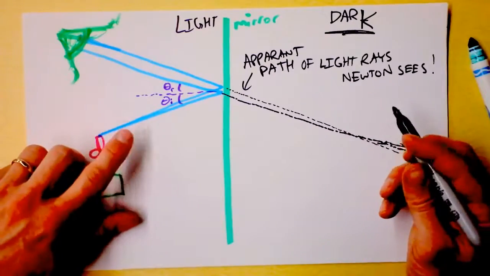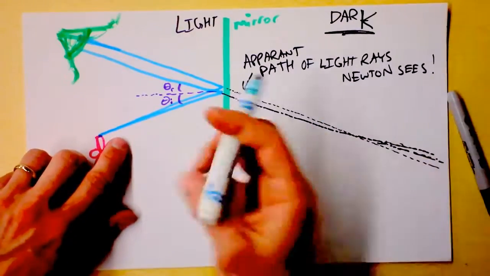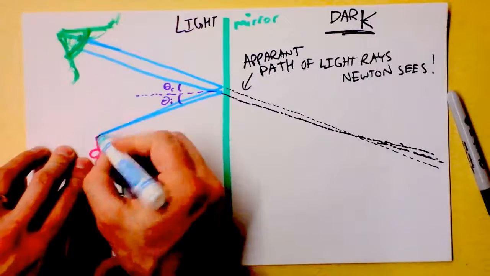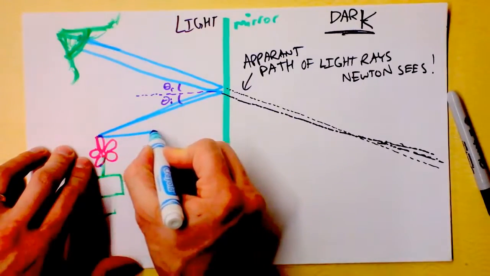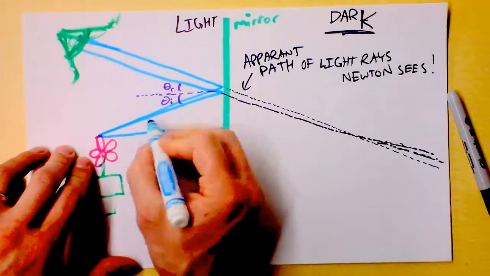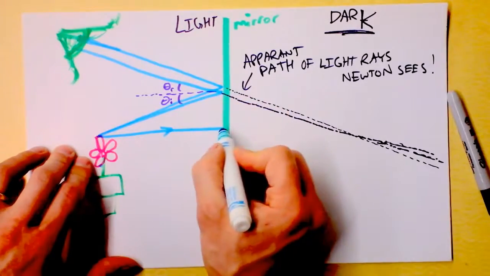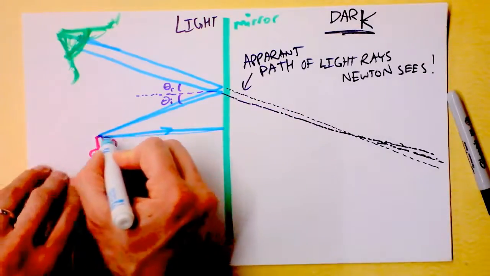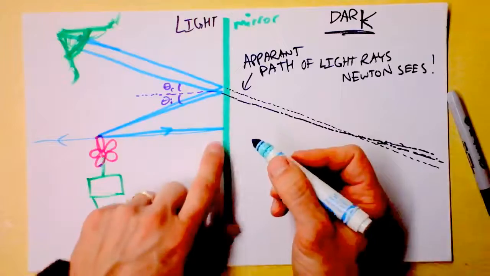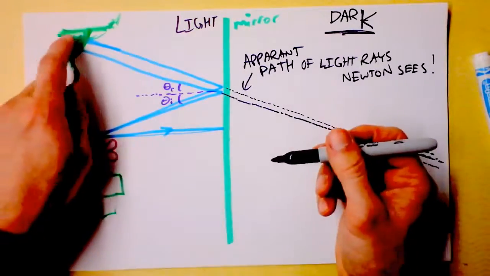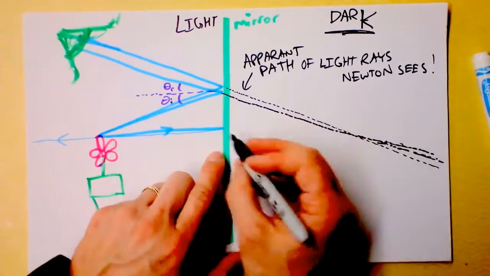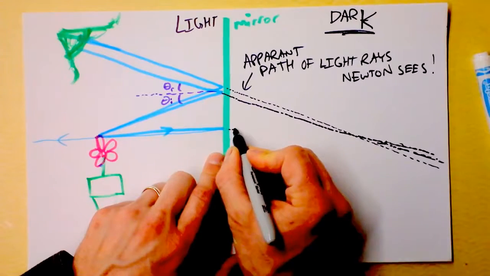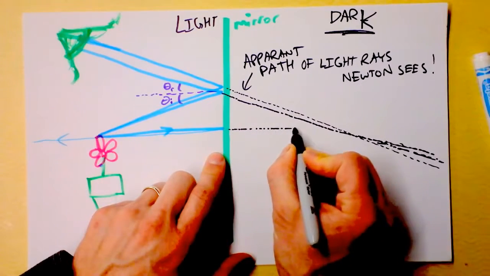Let's consider another light ray that's actually happening over here. There's light coming out from the flower going this direction, and it bounces back. Let's see, it's going from the flower, and then it bounces back and goes directly back this way, and goes out that way. So that light ray, although Newton can't see that, it still might be useful for us to sketch it. That light ray seems to have come from right here.